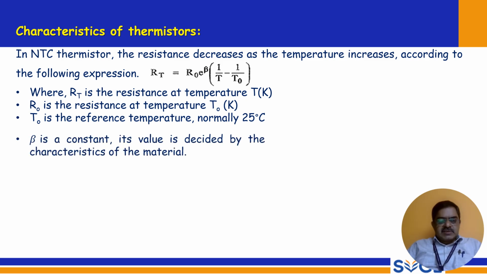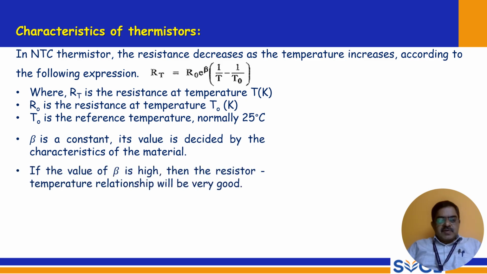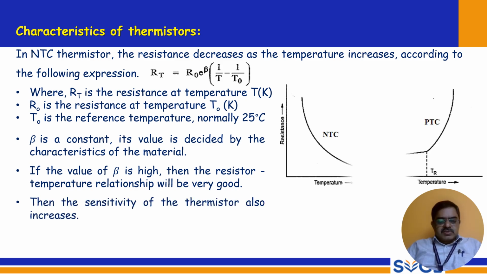Beta is a constant whose value is decided by the characteristic of the material. If the value of beta is high, then the resistance-temperature relationship will be very good, and the sensitivity of the thermistor also increases.